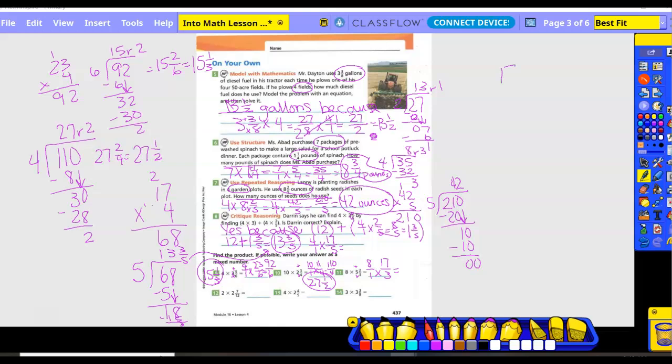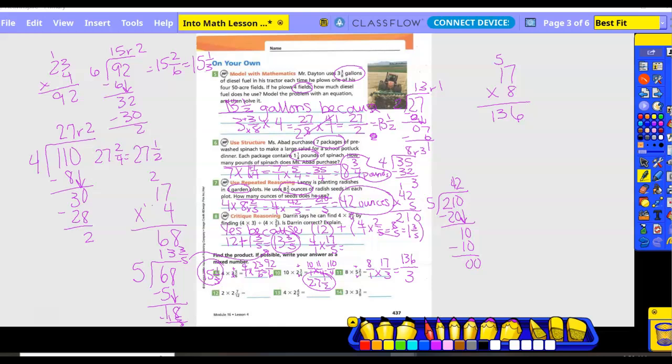So 17 times 8. What is 8 times 7? 56. So put a 6, carry the 5. 8 times 1 is 8 plus 5 is 13. Okay, so this equals 136 over 3.